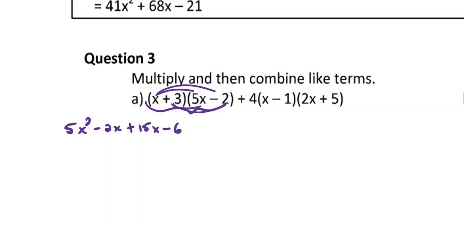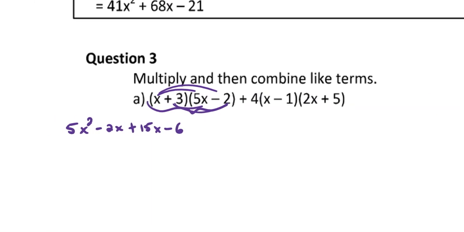Let's simplify it a little bit more while we're at it. So let's turn that into 5x squared, and then negative 2x plus 15x is going to be positive 13x, and then minus 6 still. So we've done to here, and that's what that would all equal.